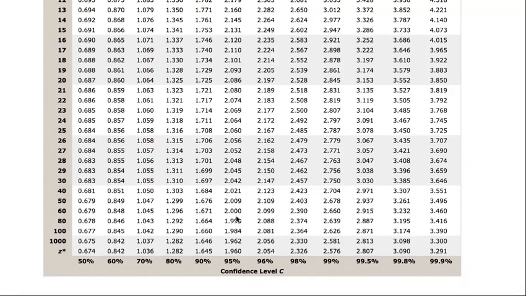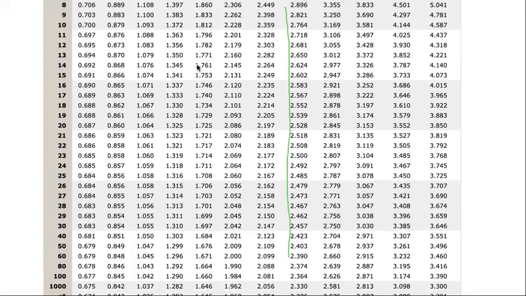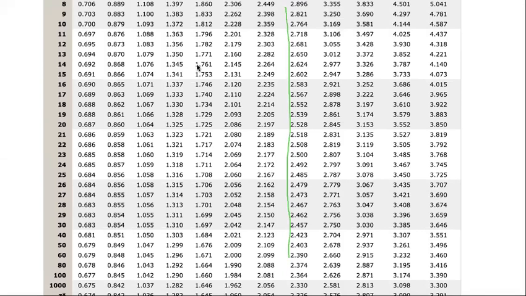So we simply find the 98% confidence level and see where that intersects with 9 degrees of freedom, which is right over here. So we want the value 2.821 as our t-value.